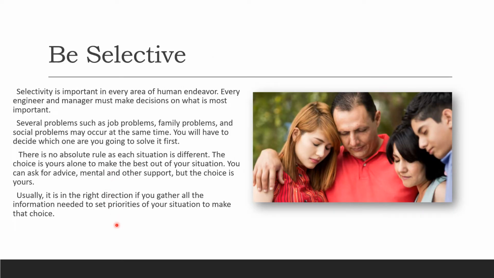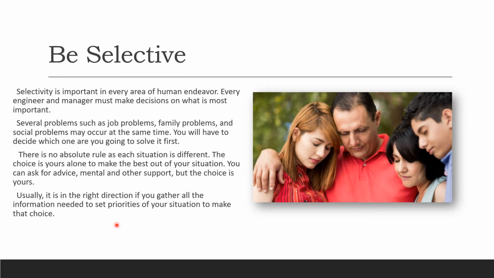Okay, so the next one is be selective. Selectivity is important in every area of human endeavor. Every engineer and manager must make decisions on what is most important. So you have to truly understand what's most important in our work. Several problems such as job problems, family problems, and social problems may occur at the same time.